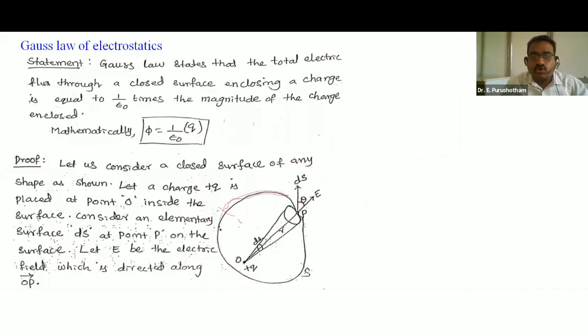Let us consider a closed surface of any shape as shown in this figure. Let a charge plus Q be placed at a point O. From point O, at a small distance r, let us take an elemental surface ds. Let E be the electric field intensity which is directed along OP. The angle between E and ds is theta.